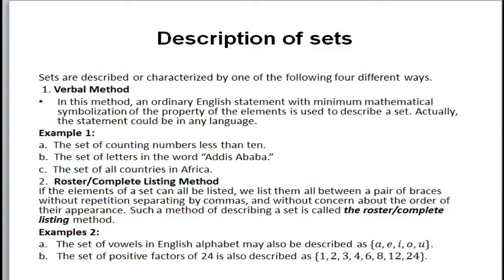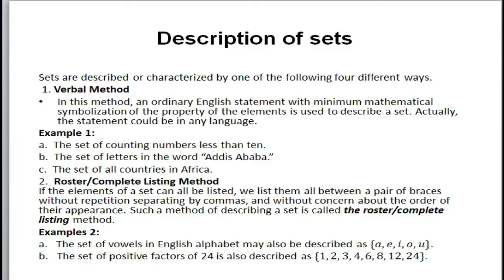Of course, we can list the 55 countries which are found in the continent Africa, but without listing them partially or completely, I can simply describe this set verbally by saying the set of all countries in Africa. So from the first one, we can understand that a set can be described verbally.